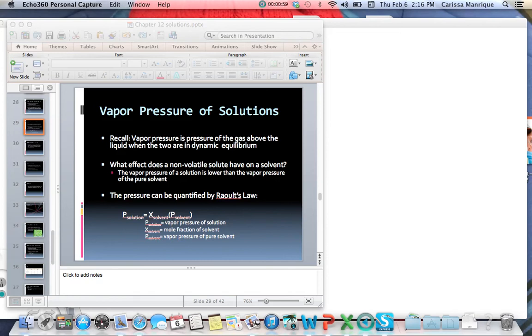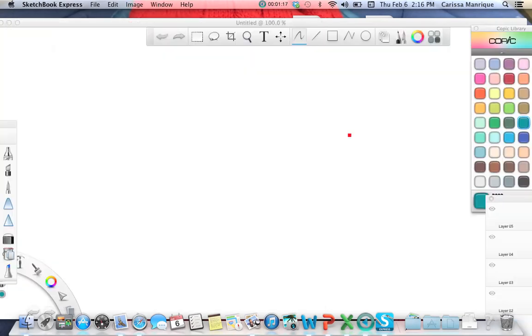You can calculate the effect on vapor pressure with what's called Raoult's law. Now recall that vapor pressure is basically a measure of how volatile you are. If I come over here, you have a beaker, and this is a closed system, so there's a lid on here.